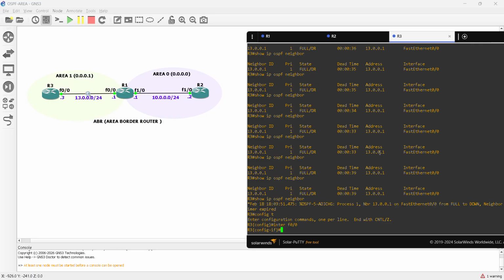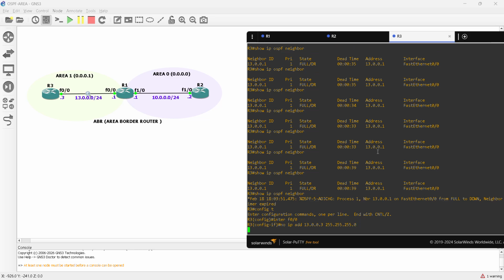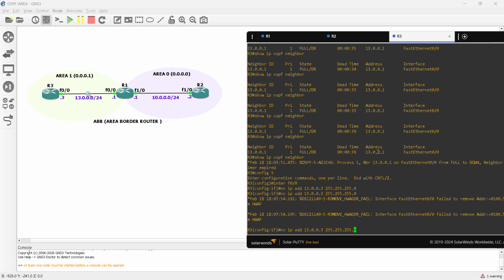There I will say no IP address for now. What was the IP address they were using? This IP address with subnet mask of this. Now I want to change this. I want to make this.